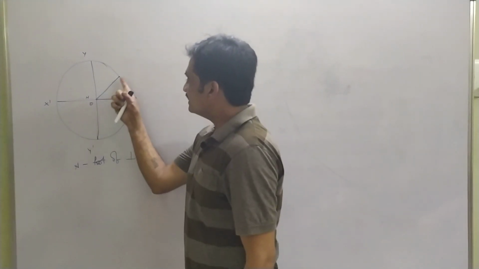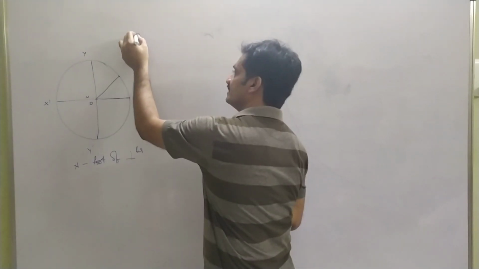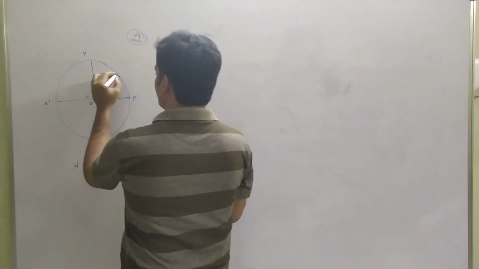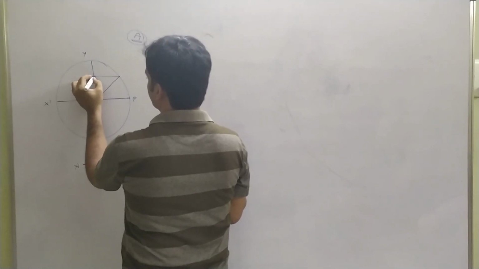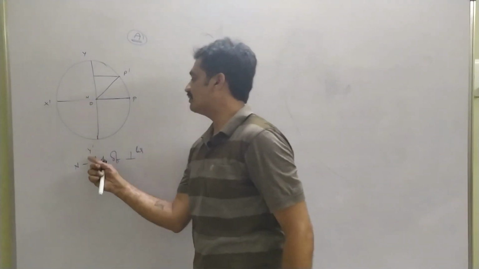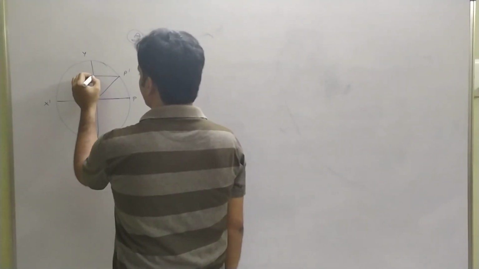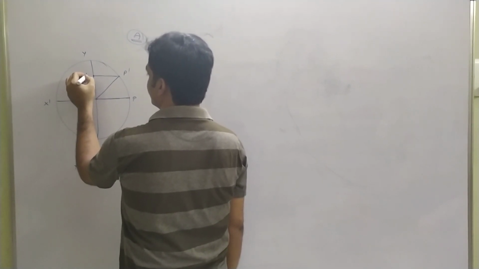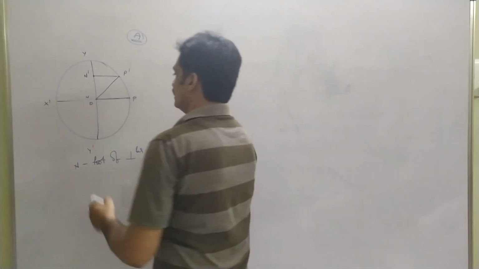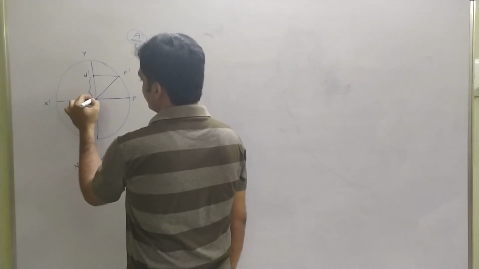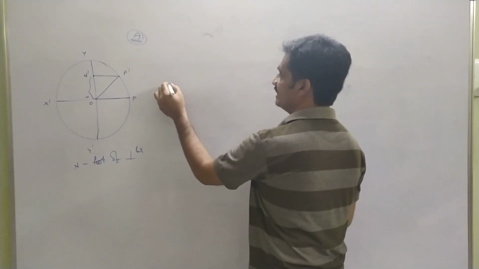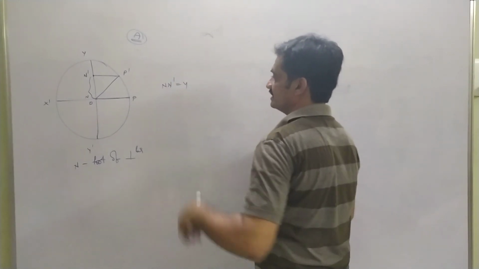The radius of this uniform circular motion is represented with amplitude A. If I draw a perpendicular from a point P dash onto Y dash, then the foot of the perpendicular is represented as N dash. Then observe that the displacement from N to N dash is given as y.